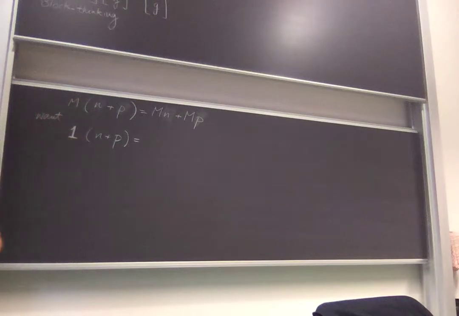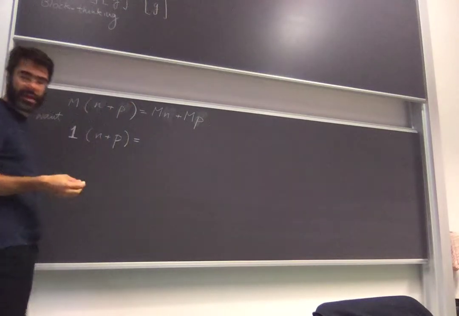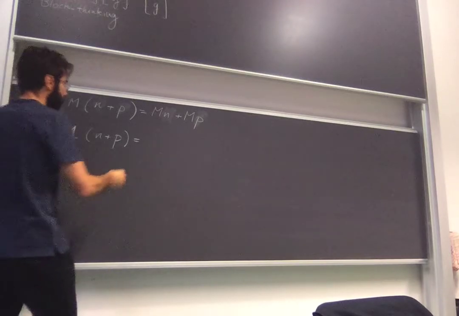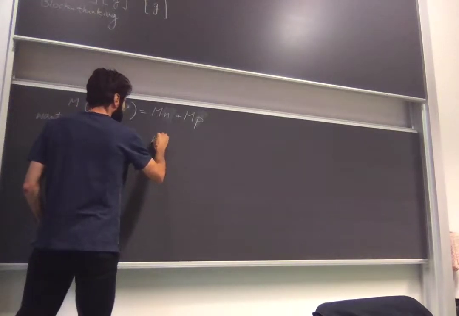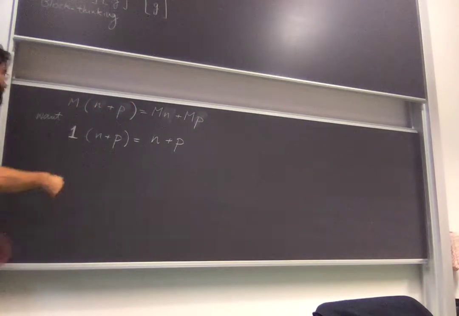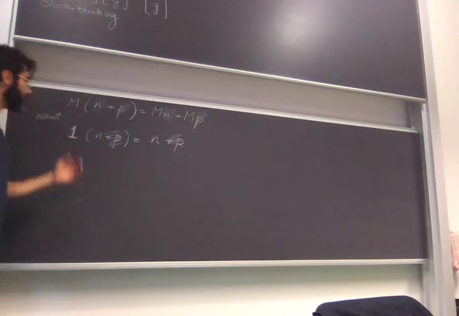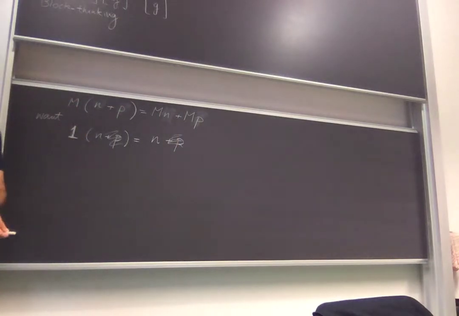We would pick n and p, right? Well, I'm writing n plus p, but I could have written just n. It doesn't matter. But the essential thing is this. So the important thing is that 1 times n is equal to n. So we want to have a 1.